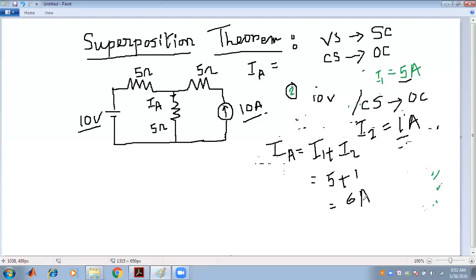That is the total current flowing through the 5 ohm resistance with the help of the superposition theorem, when at a time one source is activated. It's the algebraic sum that is given.